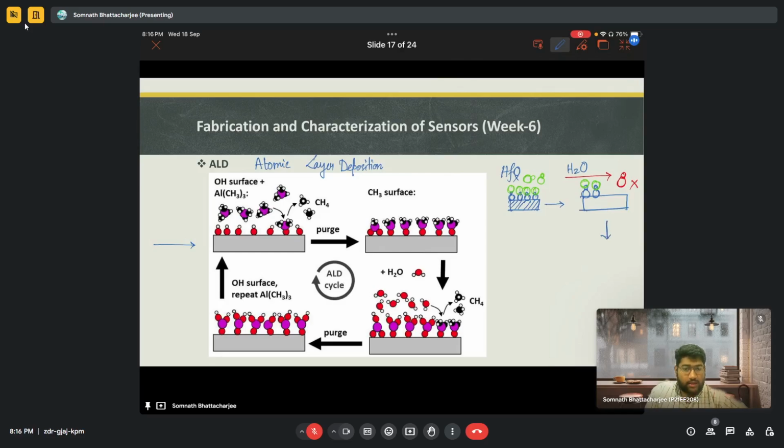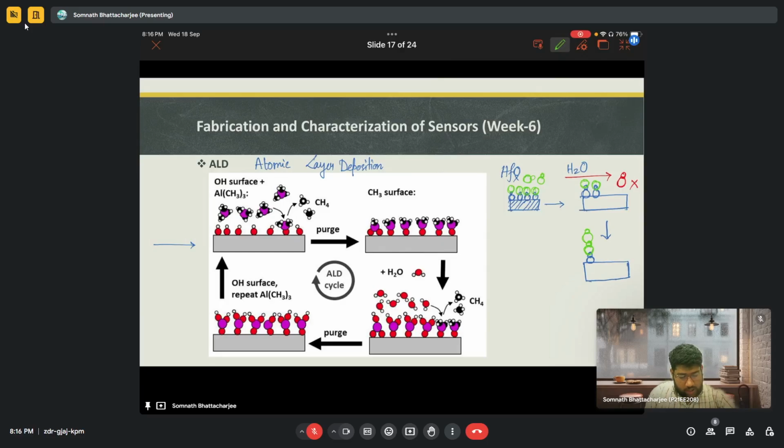In the second step, with another purge of hafnium, there will be another atom on top of this.